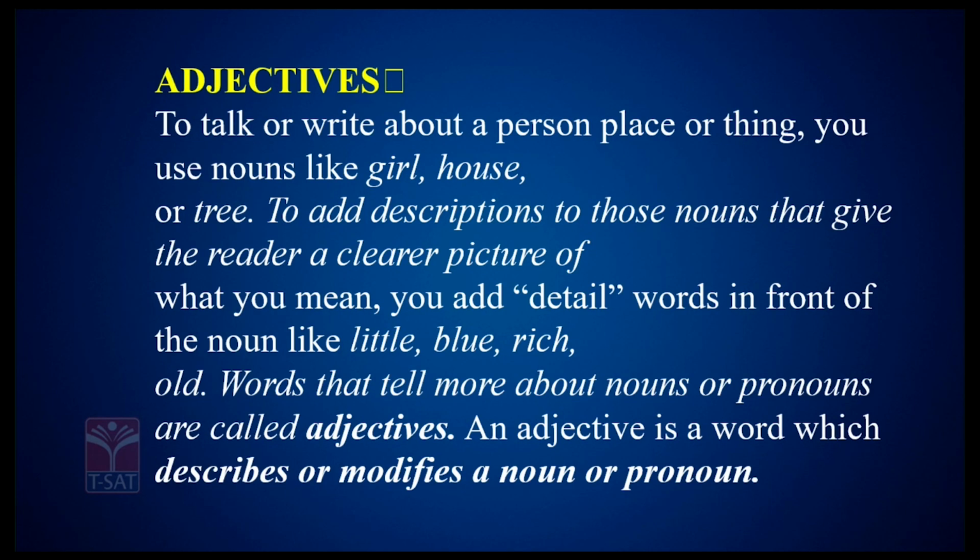Because to talk or write about a person, place or thing, generally we use nouns, nouns like girls, houses or tree or something like that. But in order to explain in detail about these words, we need to have detailed words in front of these nouns, like little girl, blue house, something like this.